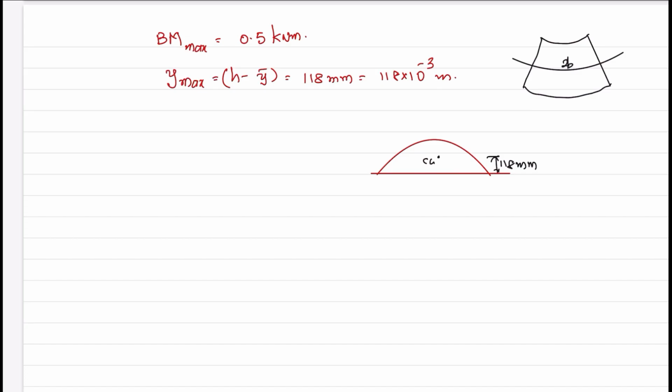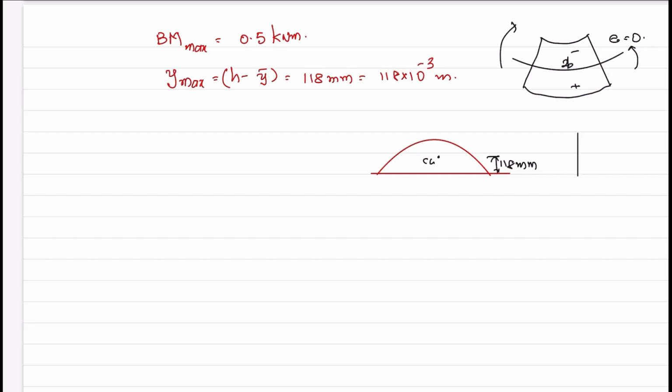That means strain is equal to 0. And because loading is like this, and in this particular example, moment is positive this way, this is minus, this is plus. Then can you try to draw the strain diagram?